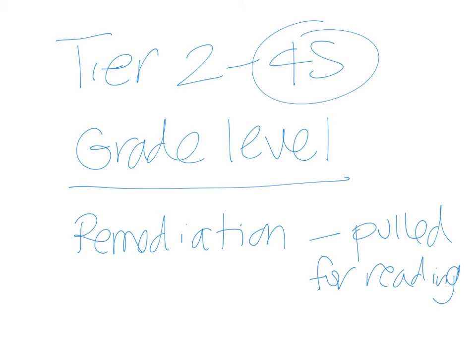That is still going to be available. But even if they are a below grade level reader, we still need to make sure that we are covering the standards that are at their grade level. We can't ignore those just because they can't read. So making an adjustment to the text, putting it through a Newsela or a RAZ Kids so it's at their level, is going to be crucial in order to make that Tier 2 successful.